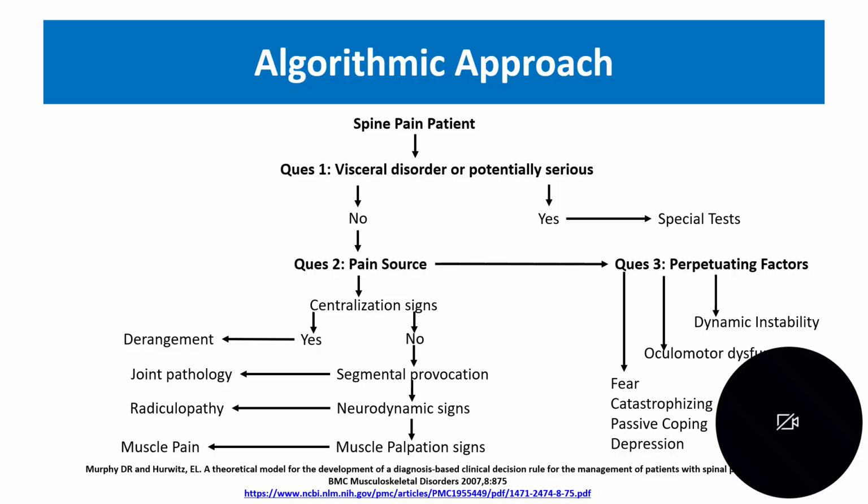And then Murphy says, once you have located the source of the pain, you're going to look at perpetuating factors. These are things that, if you don't deal with the dynamic instability, the oculomotor dysfunction, problems with the eye affecting the upper cervical region, or these 4 psychological issues, fear, catastrophizing, passive coping, or depression, the adjustment is not going to last too long.